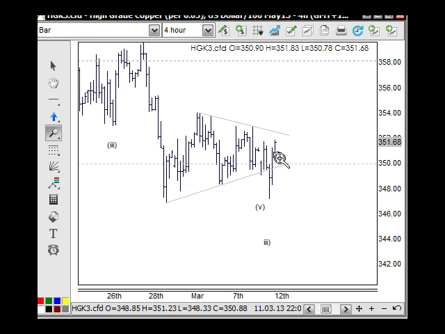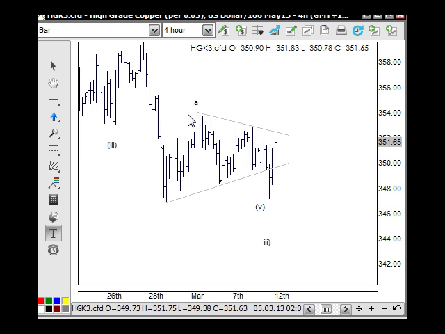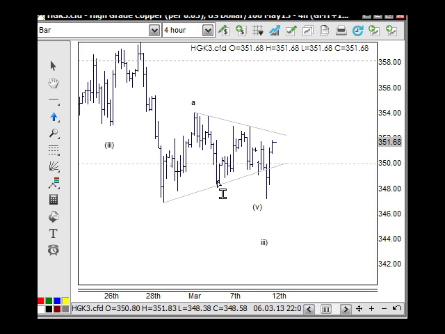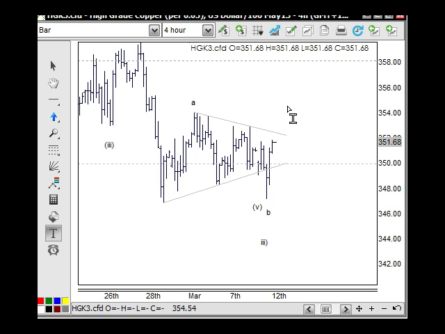If we get an impulse wave up through here, that still may not even help us out, because we can have this as an A wave here and 3 waves here. We can have this here as a 3-wave structure for a B wave, and we could have this as a C wave up here in 5 waves as well. So we could get an impulse wave through here as well.